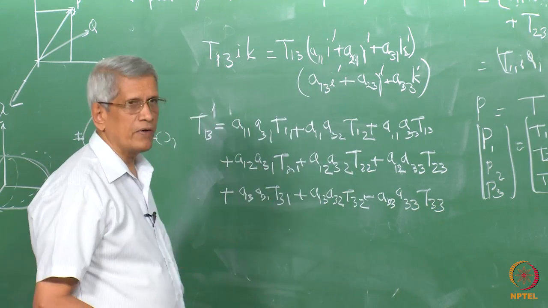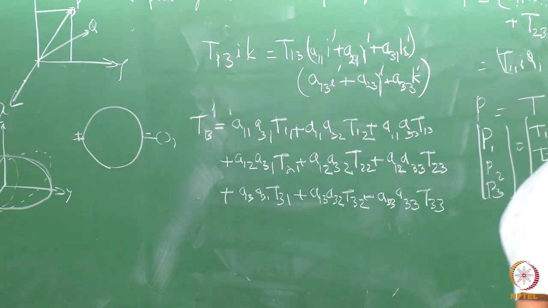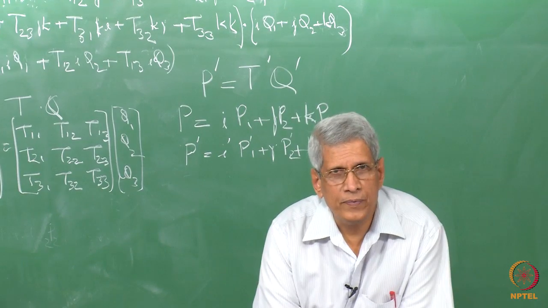So essentially, with respect to the old one, for each of the new components of the tensor we have 9 terms.